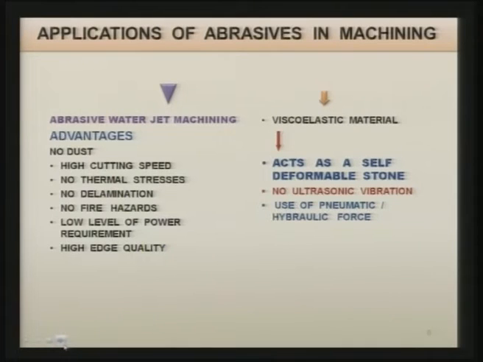In this case there is no ultrasonic vibration as in ultrasonic machining. It normally uses a hydraulic power unit for applying the force. Sometimes we can also use pneumatic power to give sufficient force for the movement of the piston, so that it pushes the medium inside the working zone.